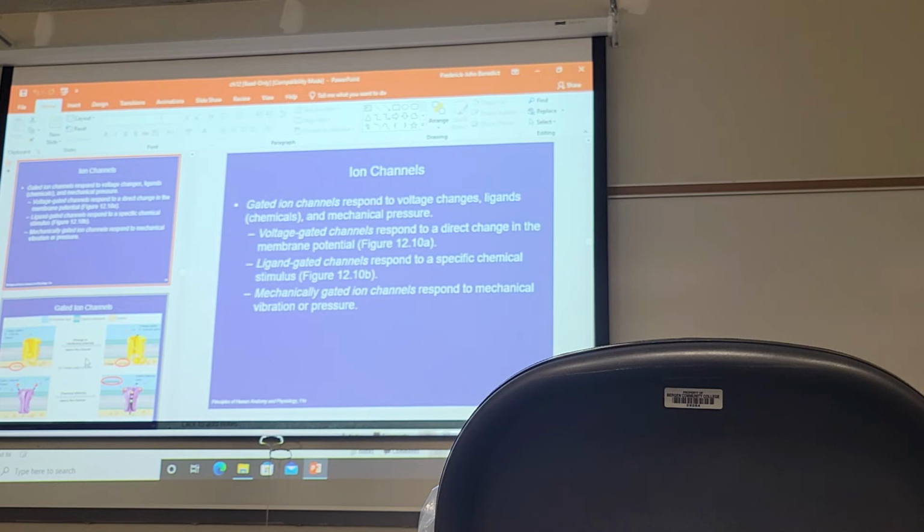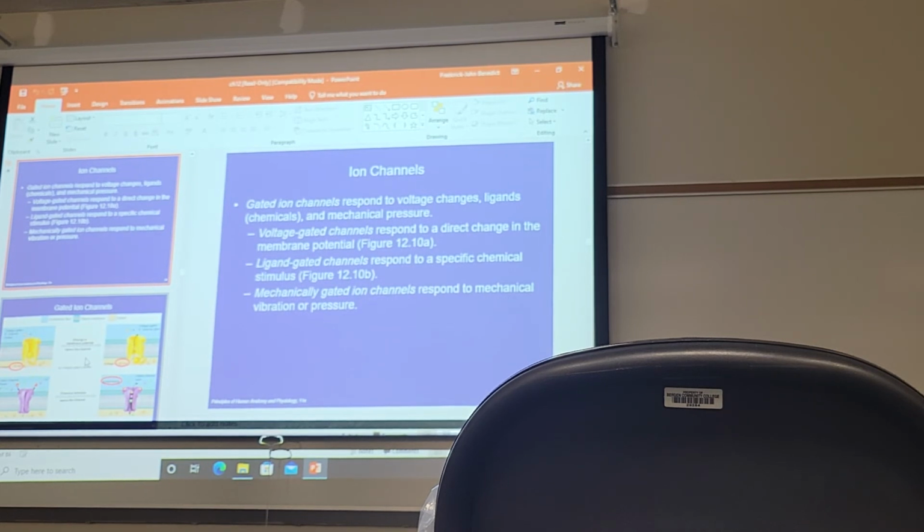With the ion channels, we can have voltage gated channels, which is basically related to the change in charge. We have ligand gated channels, which is because of a neurotransmitter coming into that channel, or something like calcium coming into the channel, which will then open up that channel. A lot of times it's the sodium, because the sodium will go into the membrane and open it up for another location nearby.